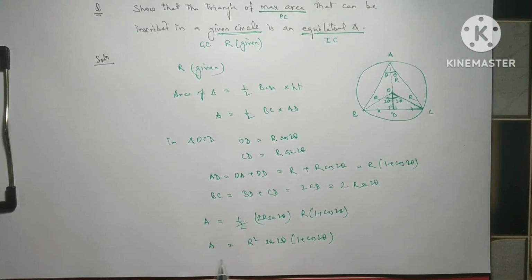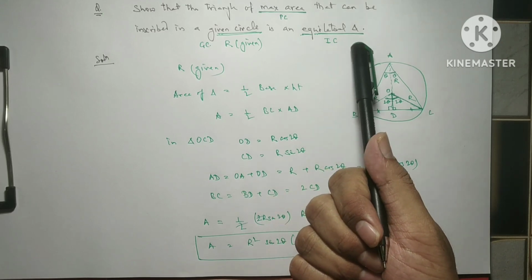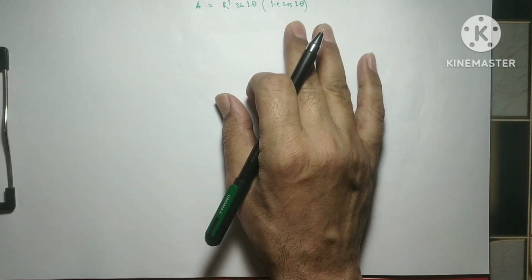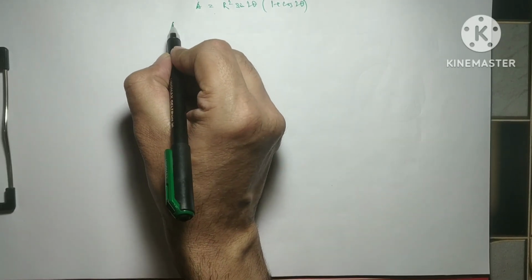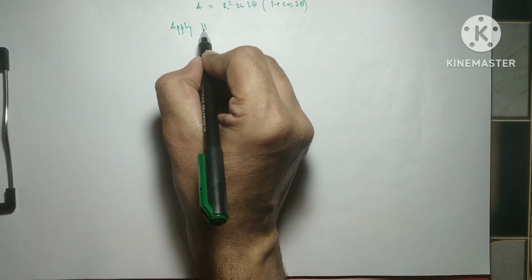So this is the expression of area, and we will apply the second derivative test on the area expression and prove it is an equilateral triangle and area is maximum.